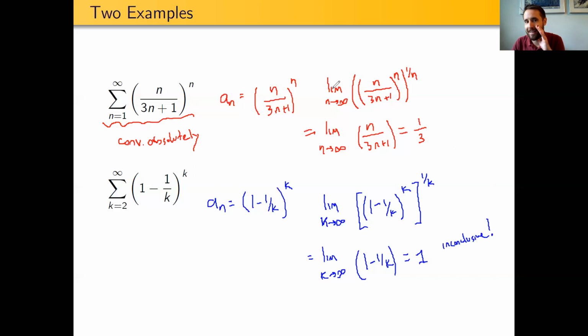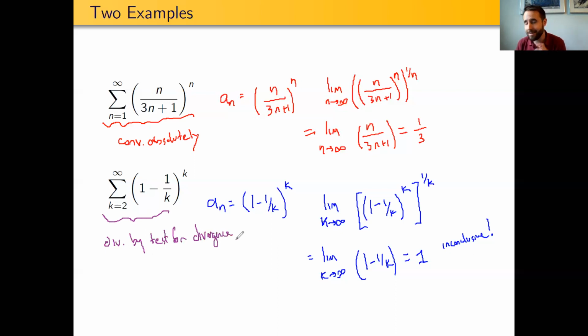And here's why. It's actually kind of a cool little argument. This diverges because it fails the good old test for divergence. These individual terms do not go to 0. And so the overall series diverges by the test for divergence.